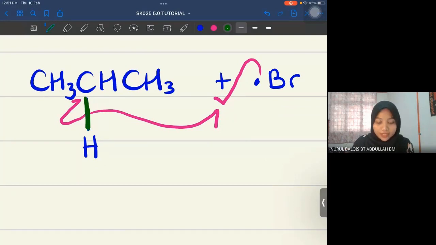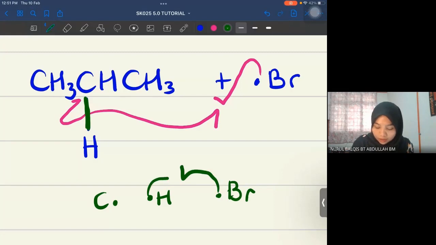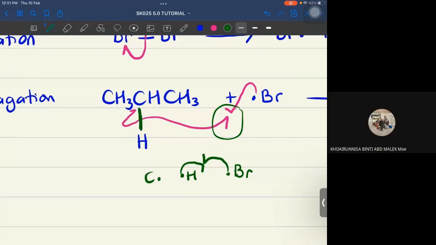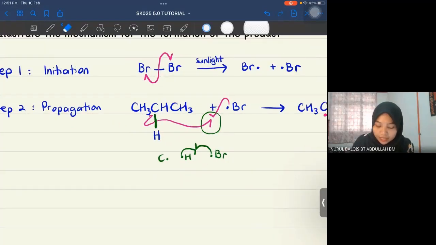Bila breaks dapat one each. So sepatutnya carbon radical dengan hydrogen radical, right? Lepas tu Br dia pergi ambil yang hydrogen punya. Kat sini, nampak? Sebab itulah kita akan dapat HBr.